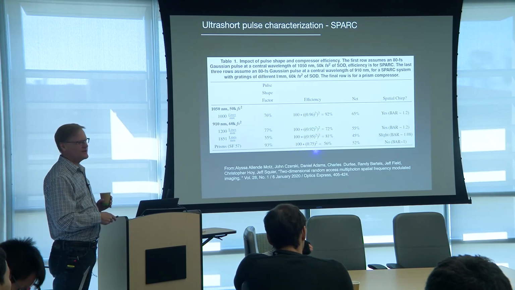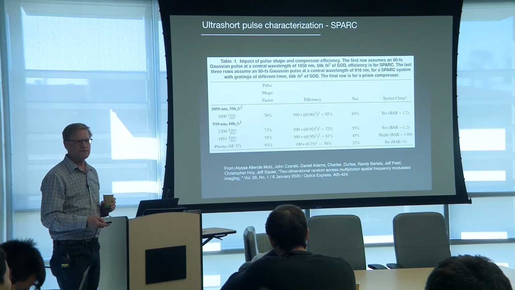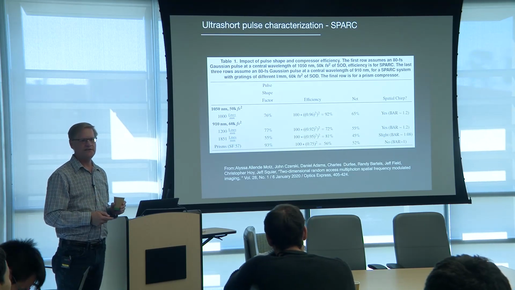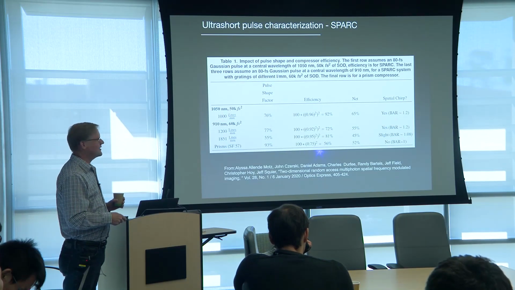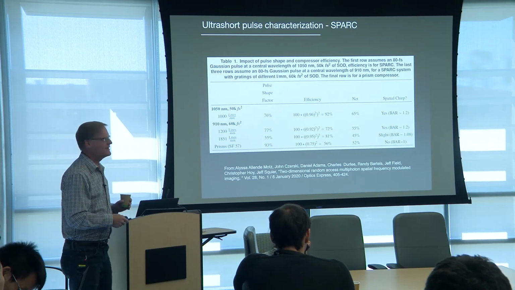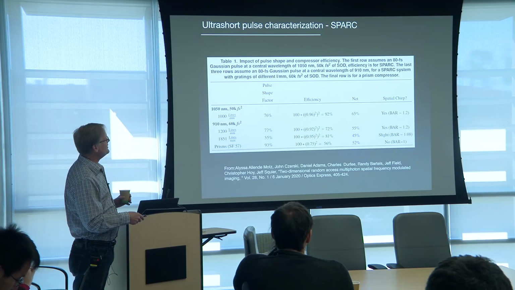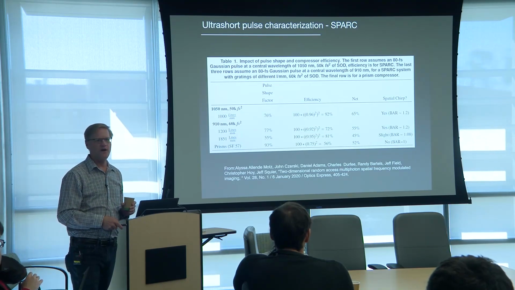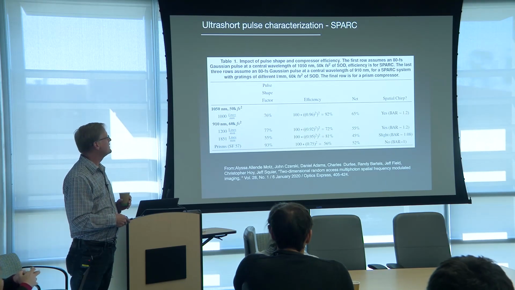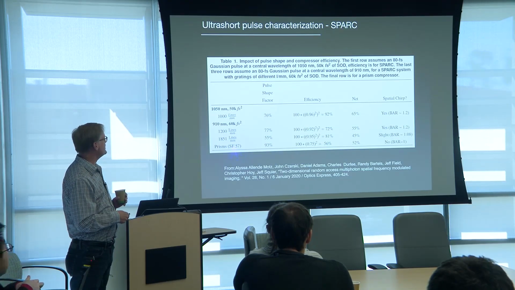But here I was pretty generous that the throughput of a prism compressor is 75%. I don't think I've ever gotten one to work that high, but I tried to be optimistic. So you take a hit there. There's no beam aspect ratio, but your gain is actually smaller than we have up here. So it really compares favorably.